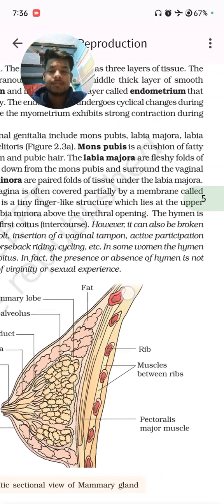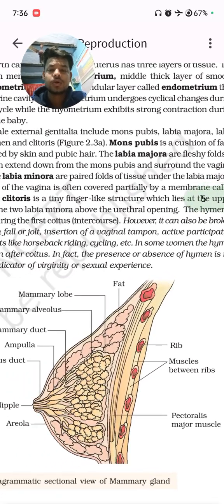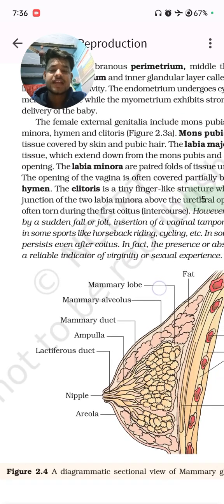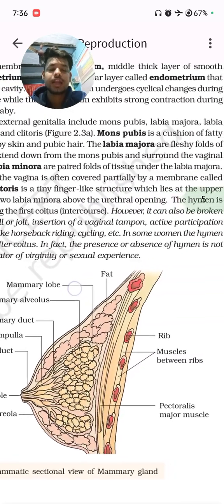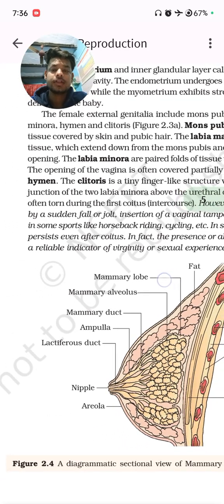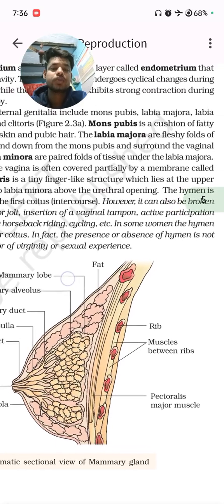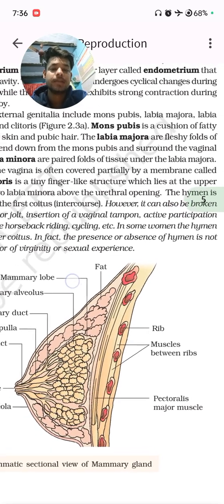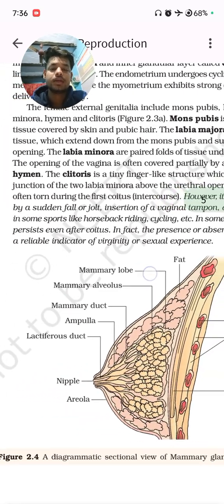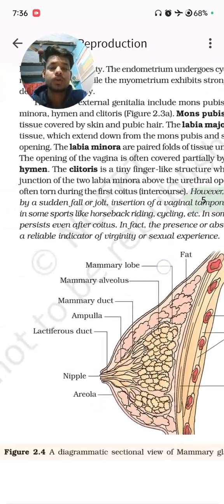The labia majora are fleshy folds of tissue which extend down from the mons pubis and surround the vaginal opening. The labia minora are paired folds of tissue under the labia majora. The opening of the vagina is often covered partially by a membrane called the hymen.